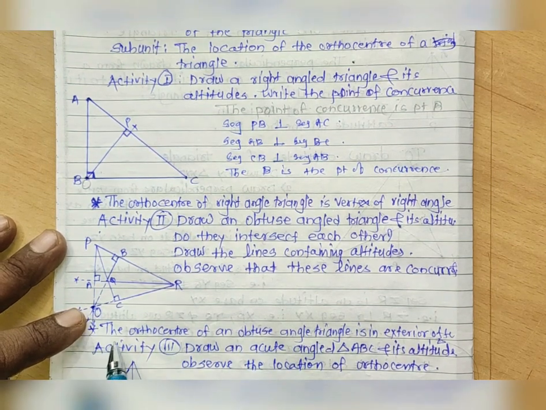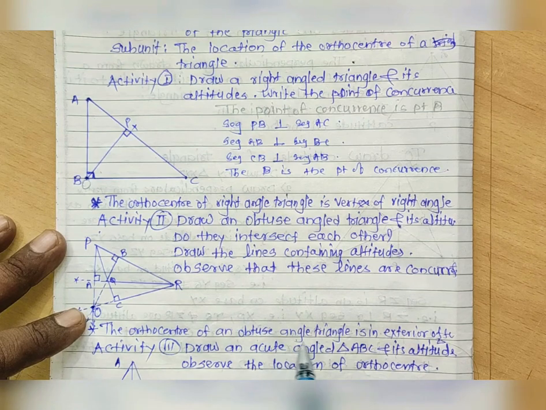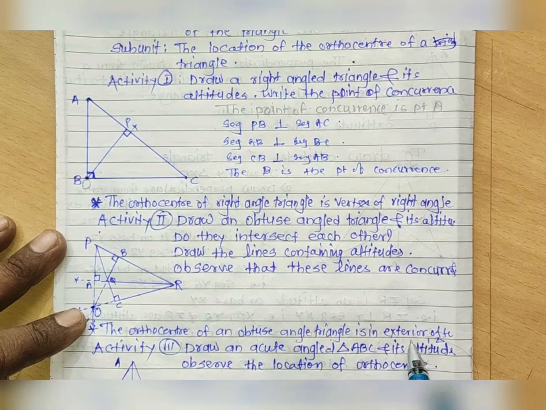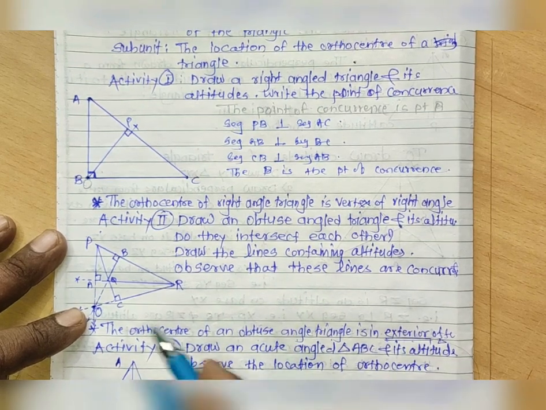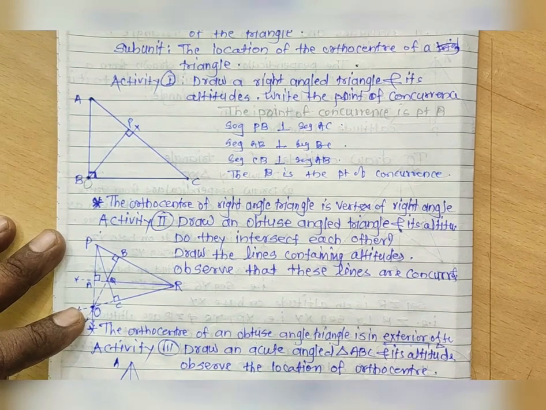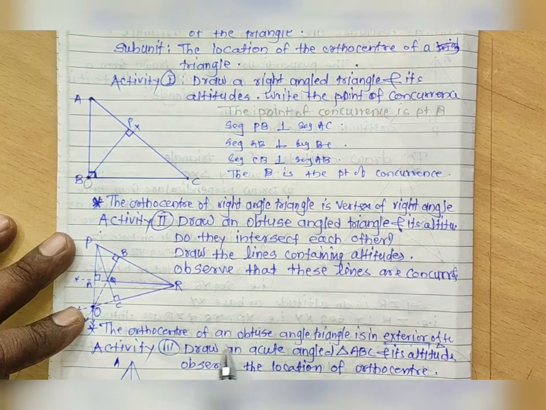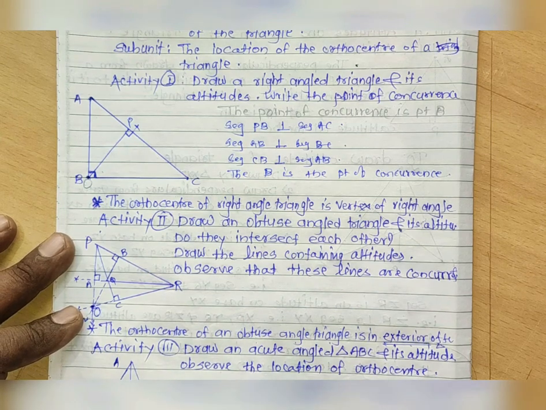From this we conclude the orthocenter of an obtuse angle triangle is in the exterior of the triangle. Exterior means outside.